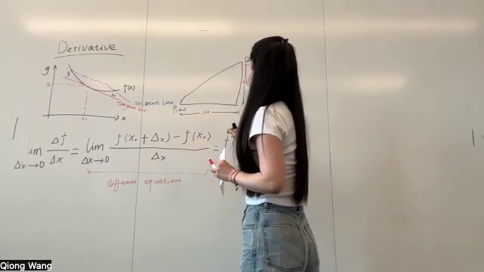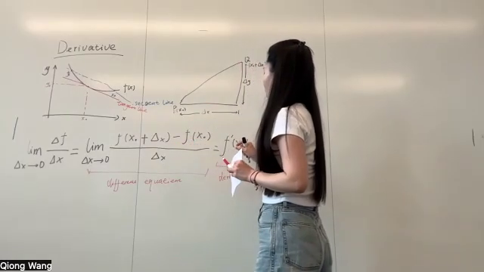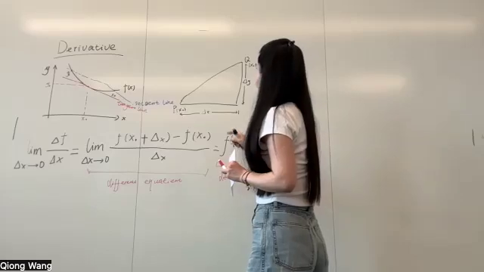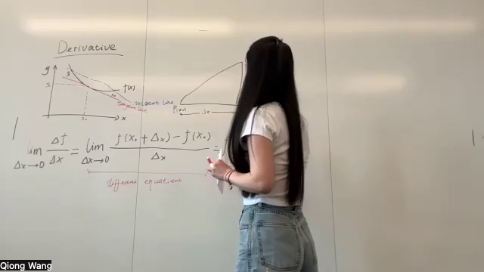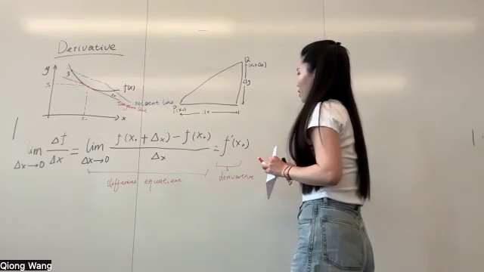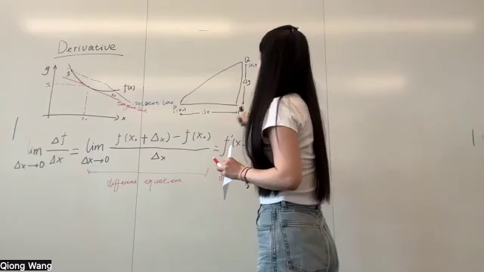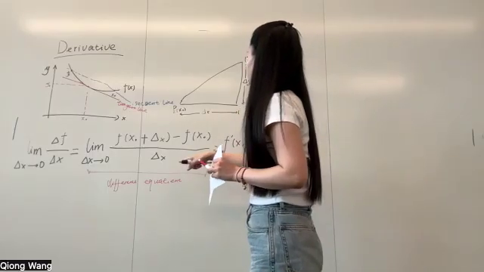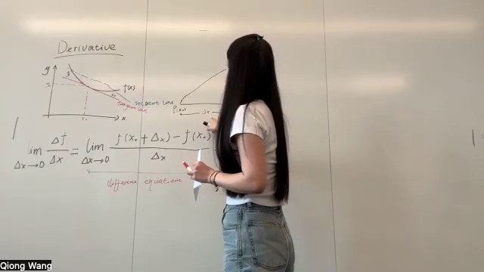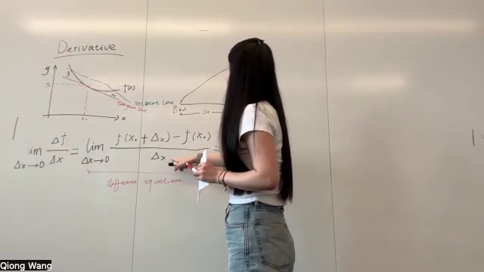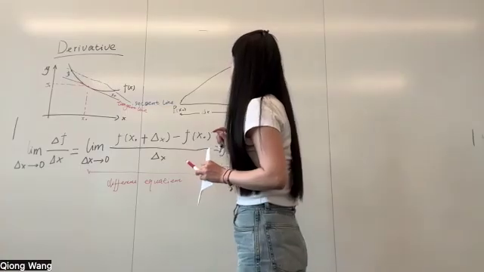After the subtraction, this is a very pure space between P and Q. So we can use this number over the change of x, that means delta x.